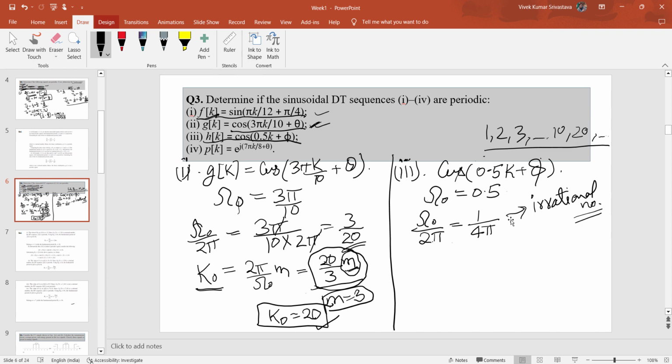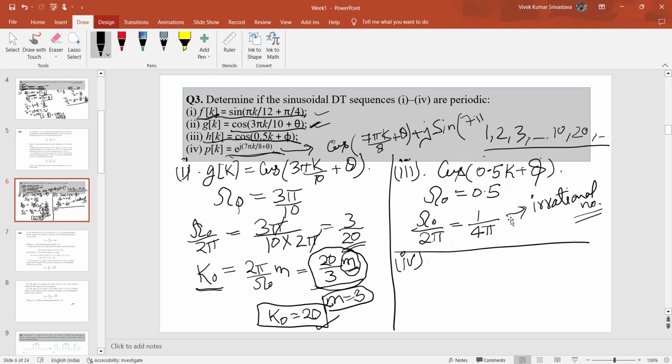Similarly, we can solve the fourth problem, which is a complex exponential signal. A complex exponential signal is a combination of sine and cos. So this equals cos of 7 pi k by 8 plus theta plus j sine of 7 pi k by 8 plus theta.